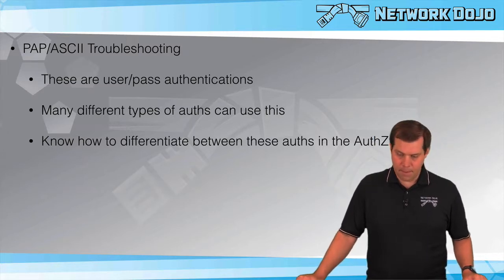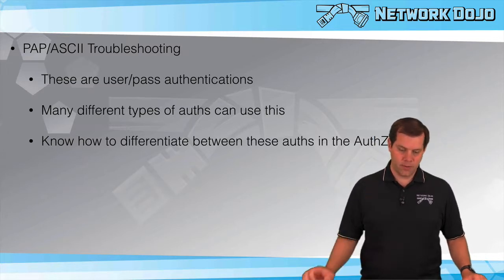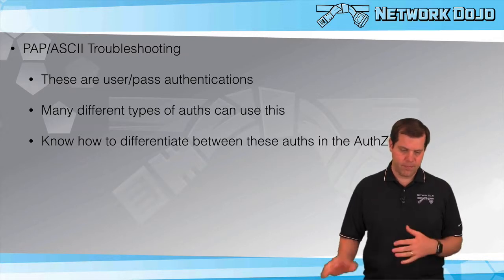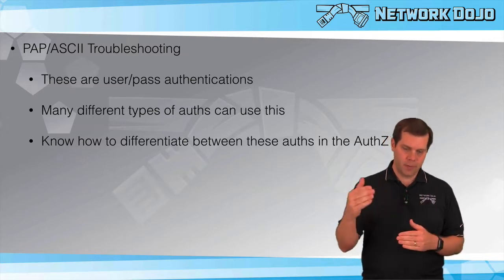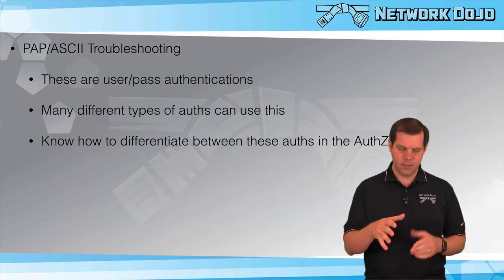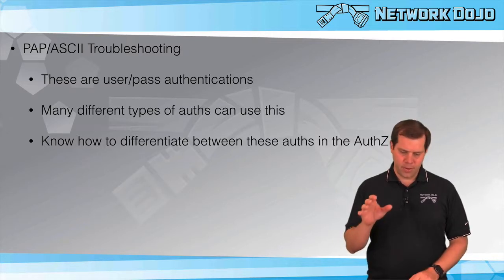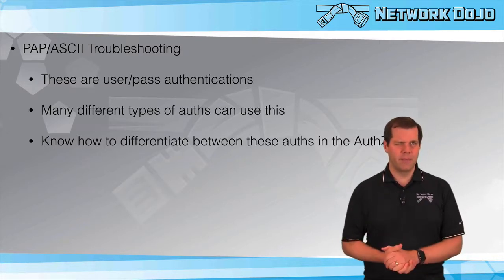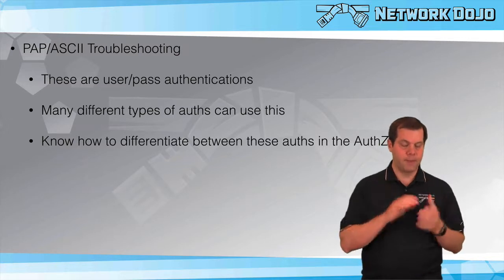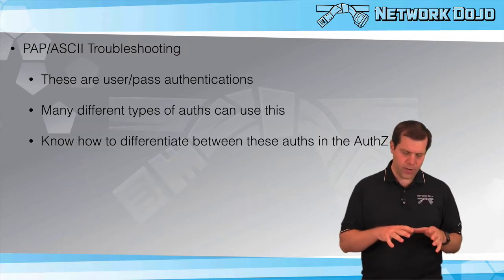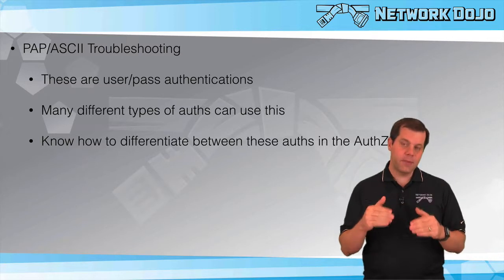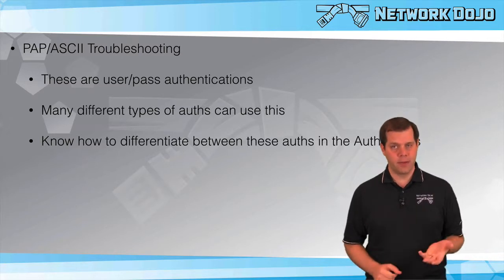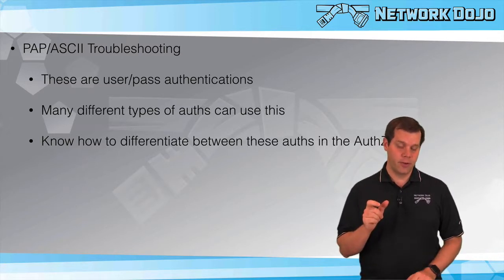And in this case, all the troubleshooting we've talked about to this point really applies to this, but usually the tougher thing is potentially differentiating between different types of these authentications coming from the same device, because they can look very similar to each other.